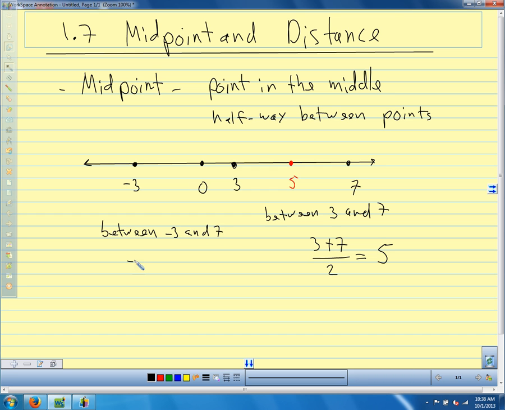So let's do that with 7 and -3. I'm going to do -3 plus 7 divided by 2. -3 plus 7 is 4, divided by 2 is 2. So halfway between -3 and 7 would be 2. So I add the two together and divide by 2.